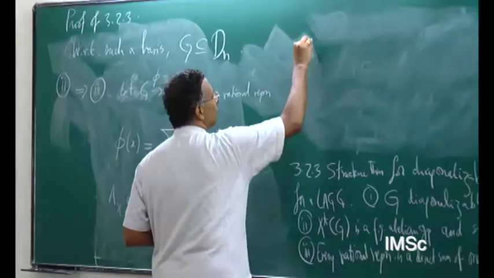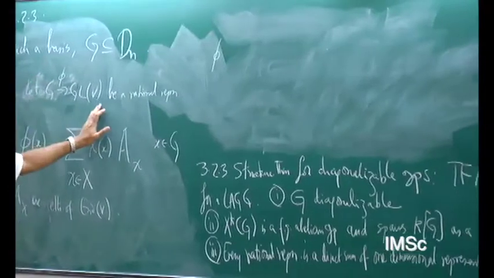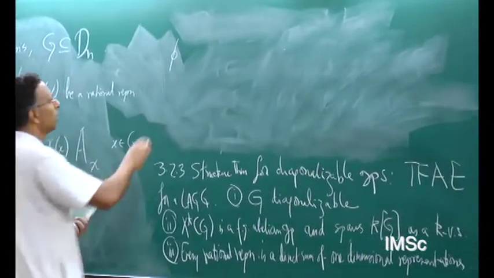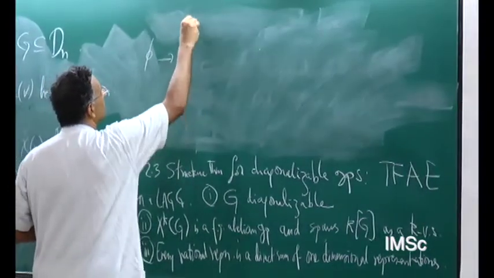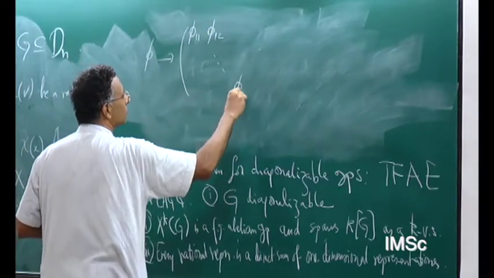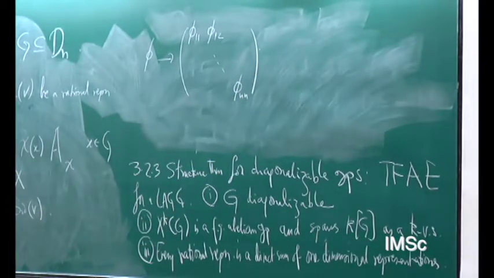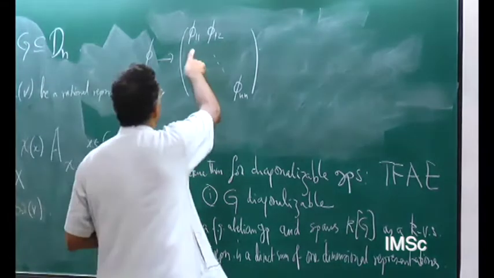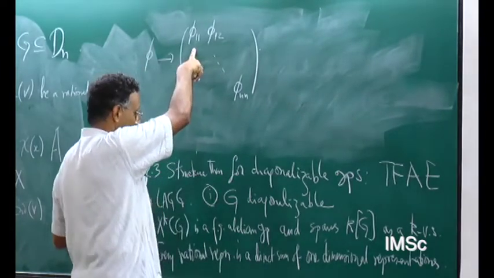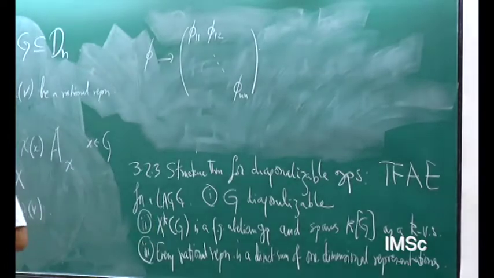So let's think of phi as a function from G to n cross n matrices. So there is a bunch of functions, right? Now each phi ij is a linear combination of characters.